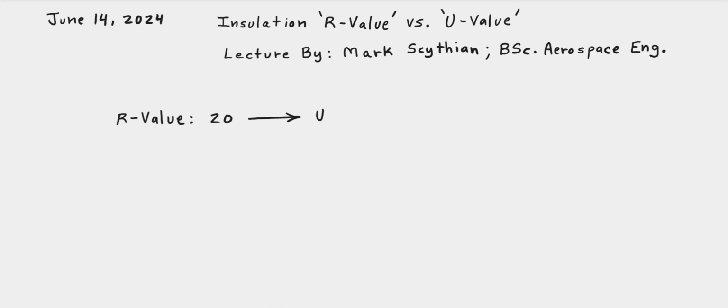So that R value produces a U value equal to its inverse, or its reciprocal, with respect to watts per square meter.